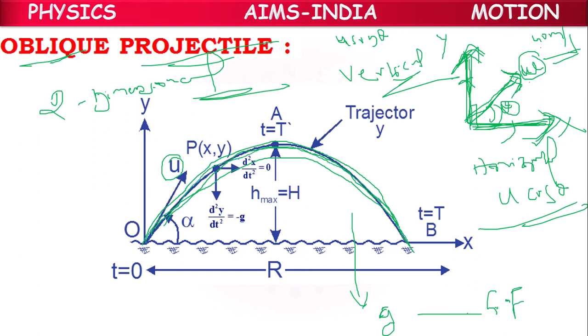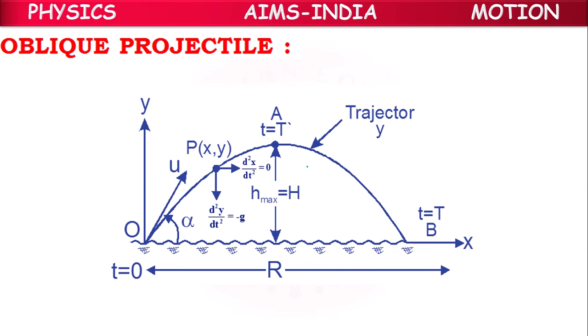So we can observe a change in the vertical component of velocity, but as there is no force acting in the horizontal direction, the horizontal component of velocity u cos theta is constant throughout the journey.